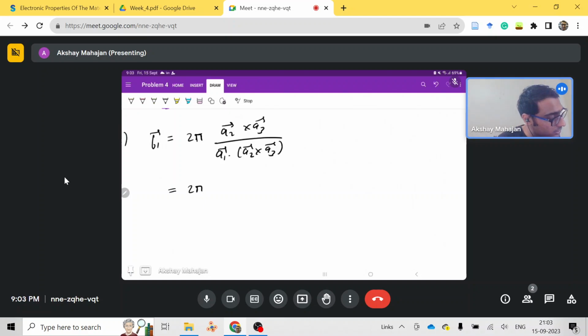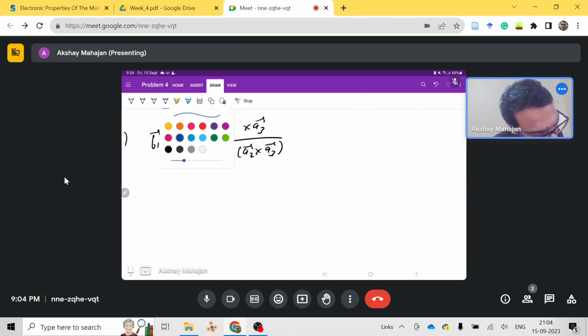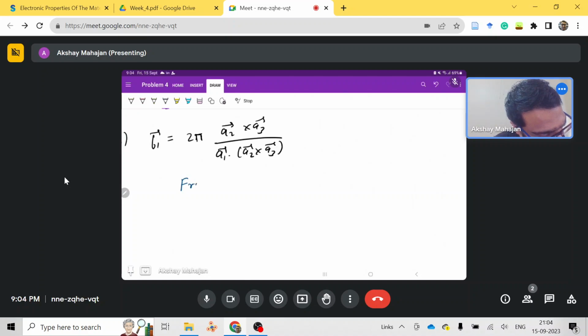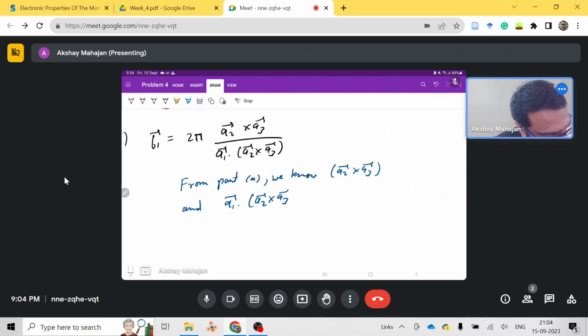Now e2 vector cross e3 vector is root 3 ac by 2 x cap, from part A. From part A, we know a2 vector cross a3 vector and a1 vector dot a2 vector cross a3 vector.